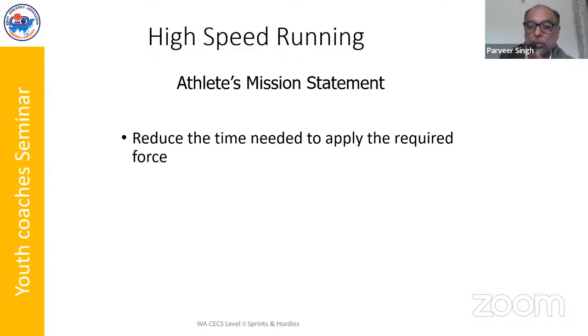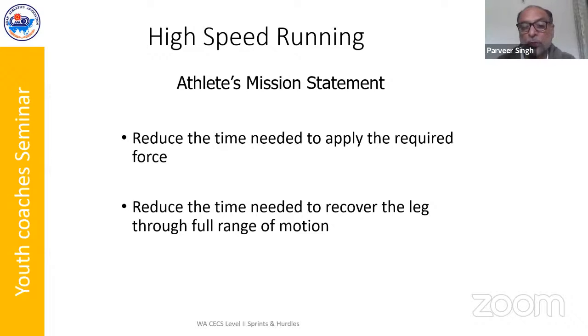Higher forces with shorter time means you have better speed strength, or you are able to produce greater force. This is the difference between a world-class sprinter and a normal sprinter. As the performance improves, the contact time or the force application time reduces.